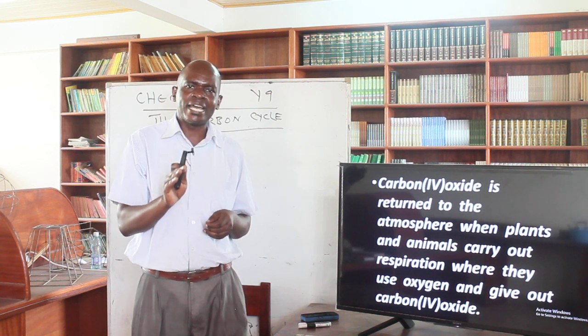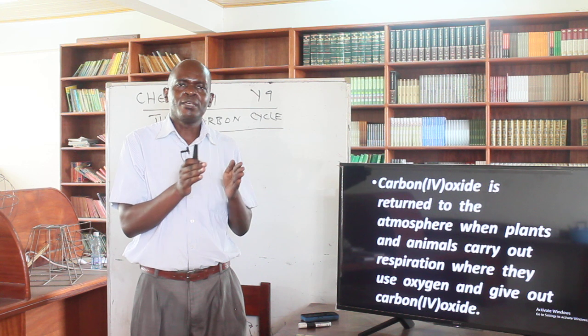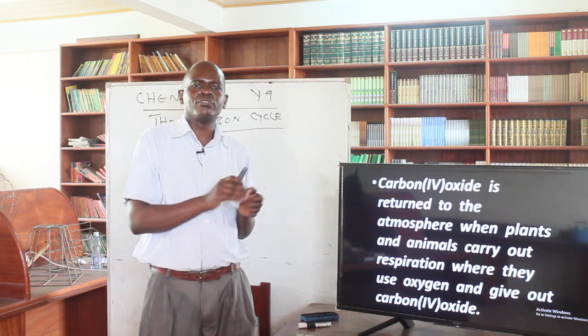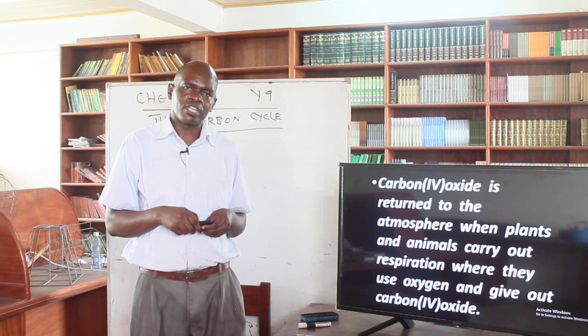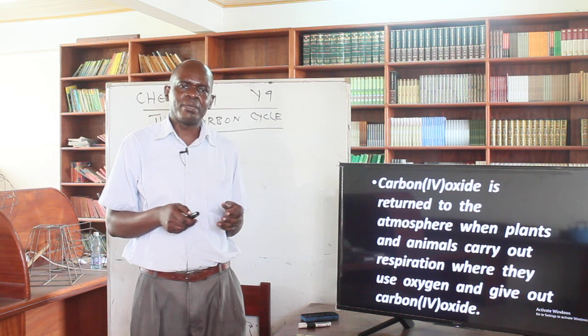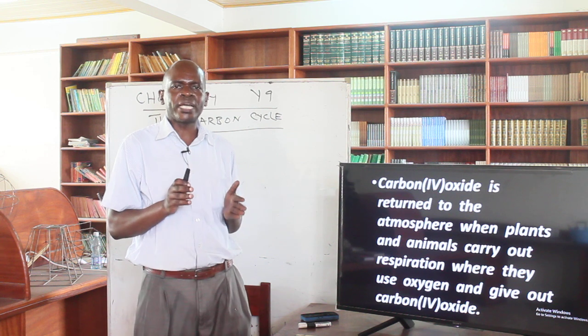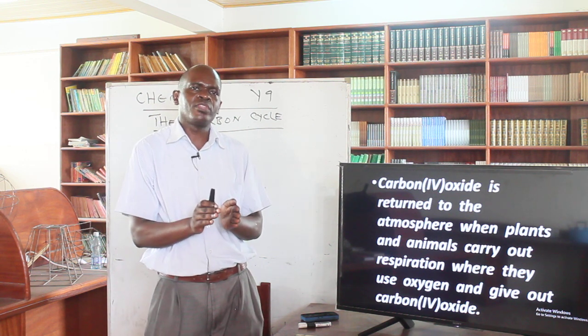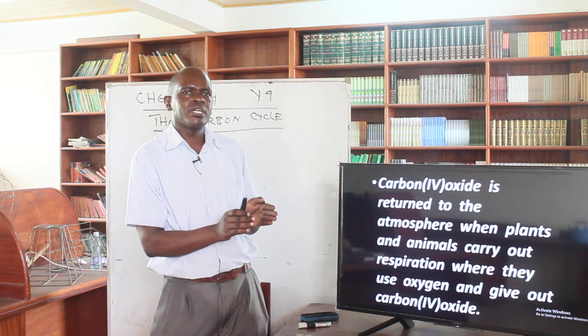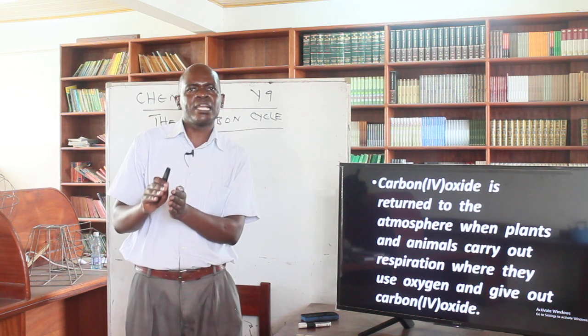The underlying factor there is that when the animals' and plants' bodies break down the food through respiration, they release carbon dioxide to the atmosphere. And this happens when they utilize oxygen. So you can see that after photosynthesis, food was made, animals fed on the food, then they are carrying out respiration. Plants are also breaking down the food.